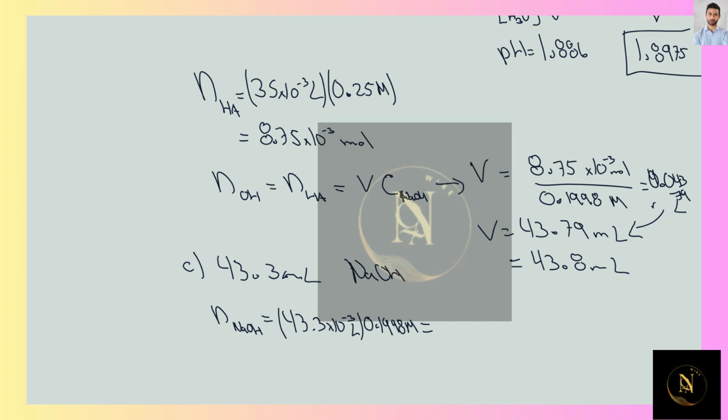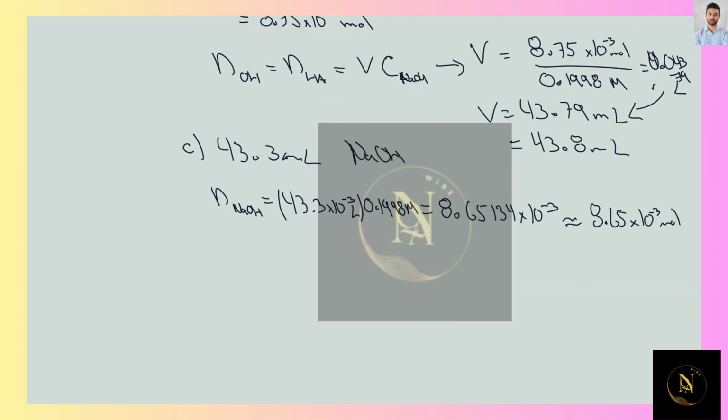This is going to give us 8.65134 times 10 to the minus 3, or approximately 8.65 times 10 to the minus 3 mole.